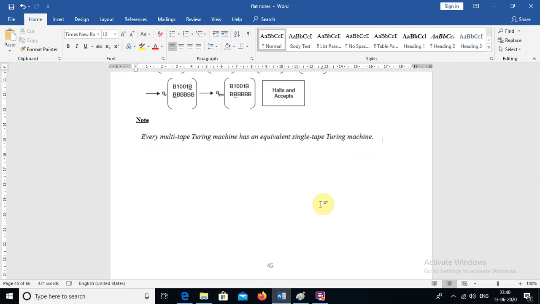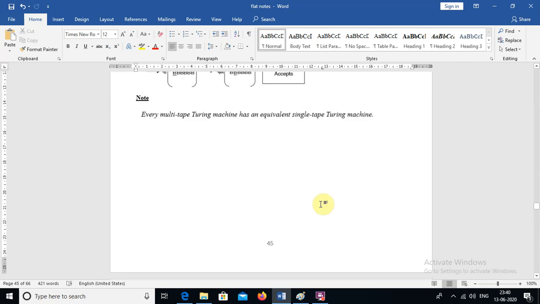So that means a multi-tape Turing machine is always equal to the single tape. Single tape can be represented in multi-tapes and multi-tape can be represented in single tape. A multi-tape Turing machine can also be expressed in the form of a single-tape Turing machine.